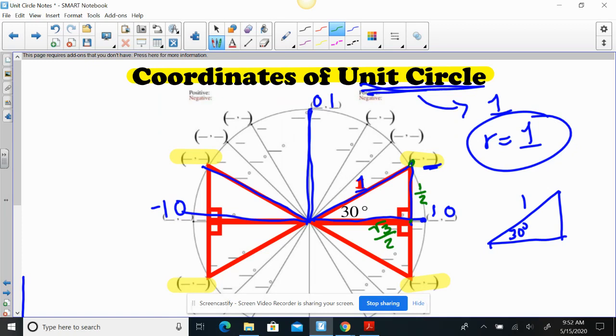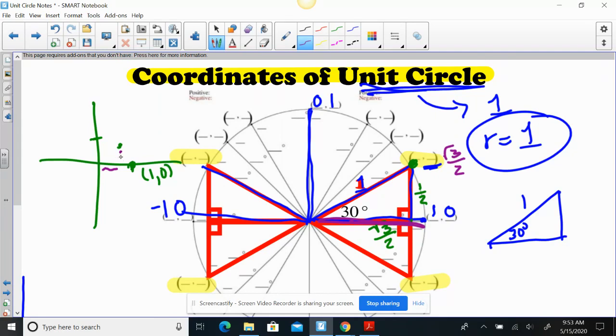So if I want to name this point, in other words, I'm looking at a graph, and I know this is 1, 0, but I'm asking you what this point on that graph is. If you were reading me this point, you'd say, well, Ms. Robertson, it is over this amount. Well, this amount right here is rad 3 over 2. So my x coordinate here is rad 3 over 2.